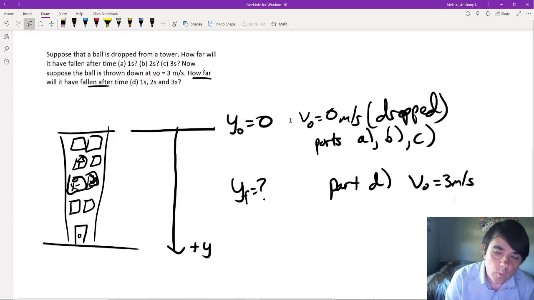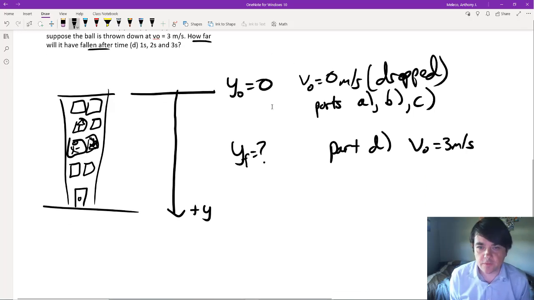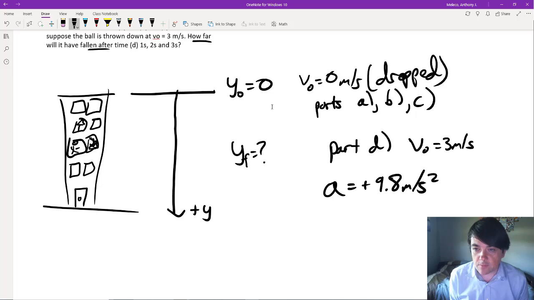The other thing we glean from this is because it's a vertical example, we now have our acceleration, and it will be positive 9.8 meters per second squared. It's positive because we said down was positive.